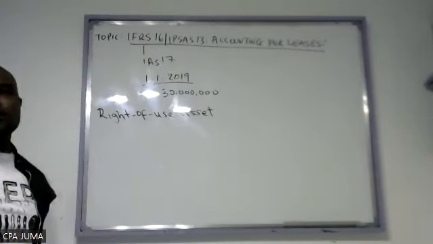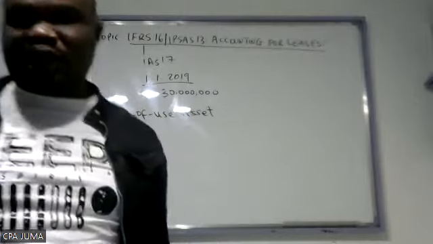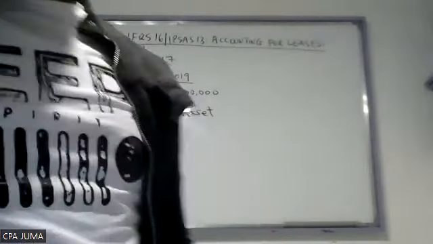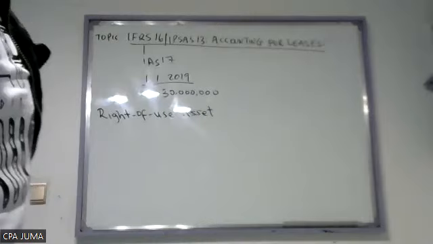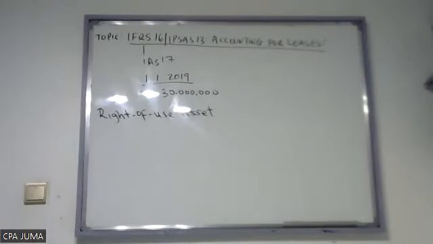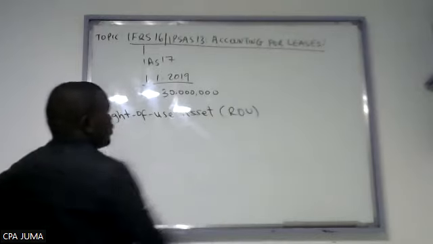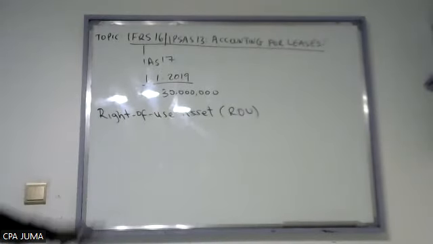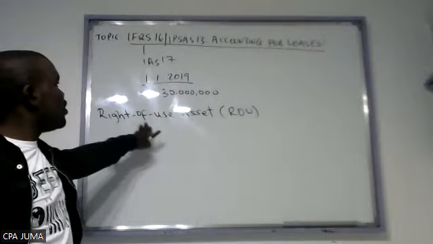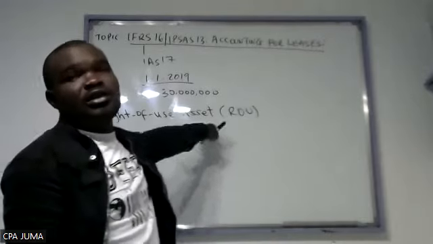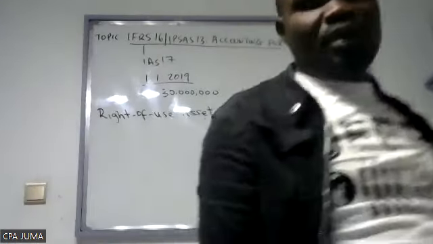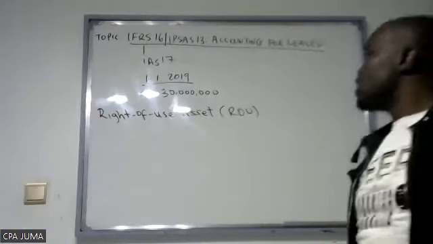assets. In fact, can somebody Google for me and copy paste so that I can read from your Google platform? Can you check for me the meaning of right of use, commonly known as ROU, right of use asset? Just type the words, right of use asset. What does it mean?